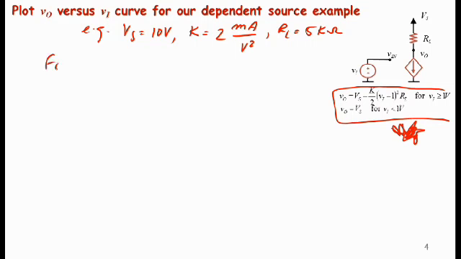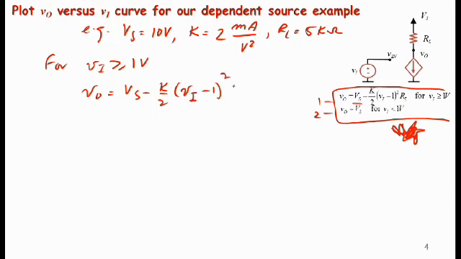I have two cases here, case 1 and case 2. For case 1, for Vi greater than or equal to 1 volt, here is what I get. V naught equals Vs, which here is 10 volts. Let me write this down again for convenience. Vs minus K by 2 times (Vi minus 1) whole squared times RL. Notice that Vi equals V in, so I can just use Vi here.